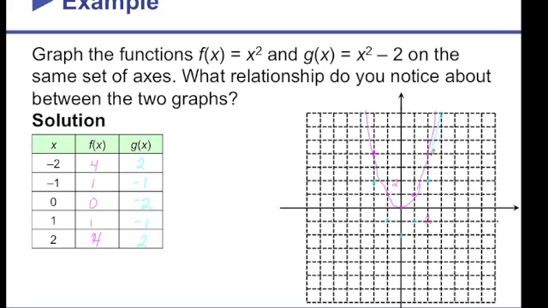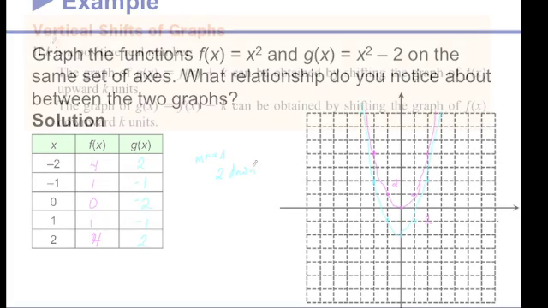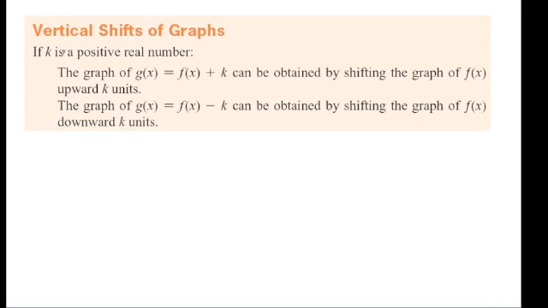This is also a parabola, as we would suspect. But you might notice this parabola is moved 2 down. So it was moved 2 down. Then, this is a vertical shift in graph.